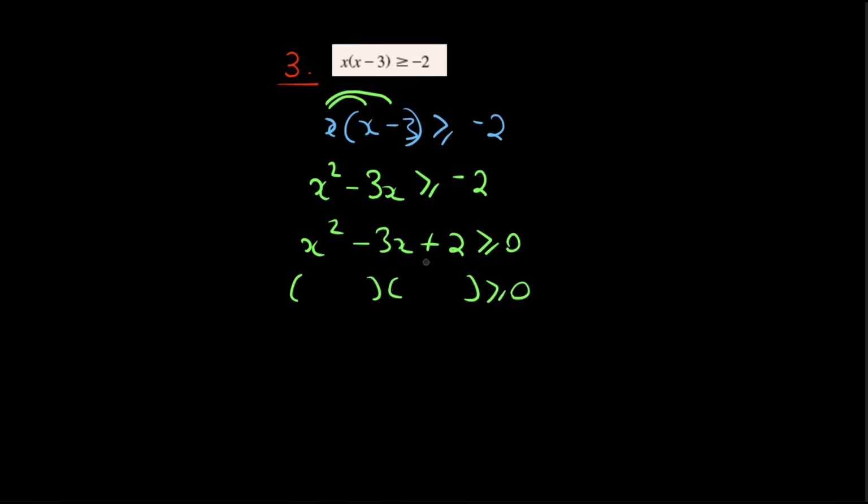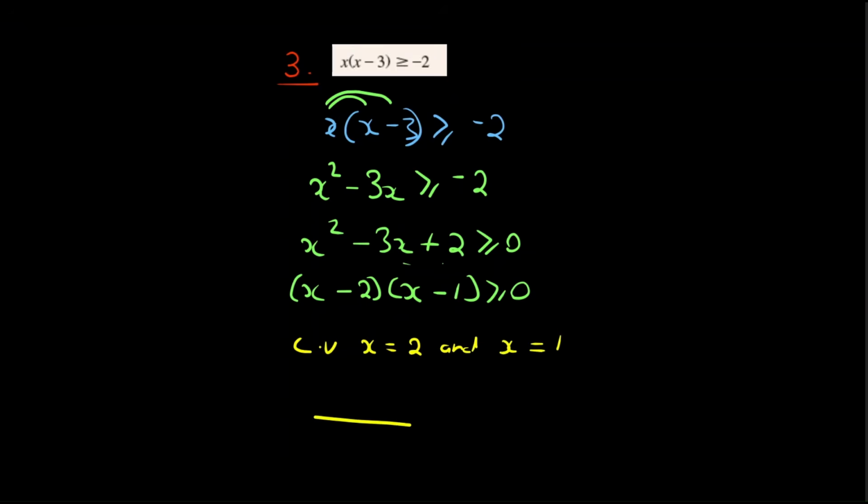We need to find the factors that we should add to give us -3 and that we should multiply to give us +2. You can see that it will be -2 and -1, because -2 plus -1 is -3, and -2 times -1 is +2. And our critical values will be x equals 2 and x equals 1.